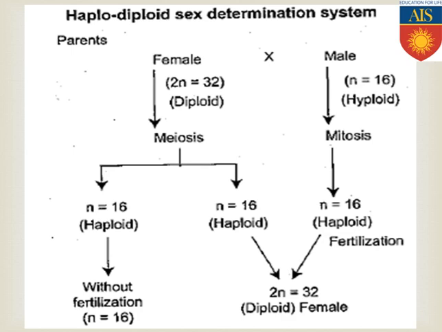But keep in mind their chromosome number remains 16 because no fertilization has taken place, and that is commonly known as parthenogenesis.